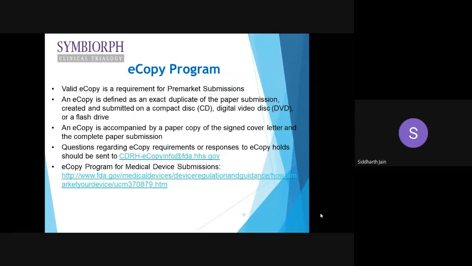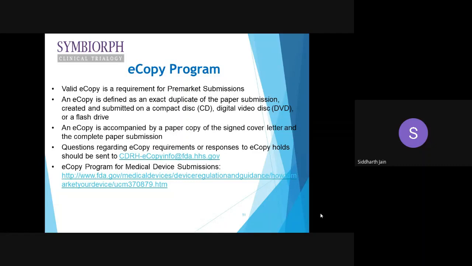If you have any doubt with respect to the e-copy program, how to do an e-copy or how to submit the e-copy to the US FDA, you can send an email directly to cdrh-ecopy@fda.hhs.gov. The e-copy program for medical device submissions is provided in this link. It's a very lengthy document, approximately 5 to 10 pages. You can read through it and get an idea about the e-copy program by the US FDA.